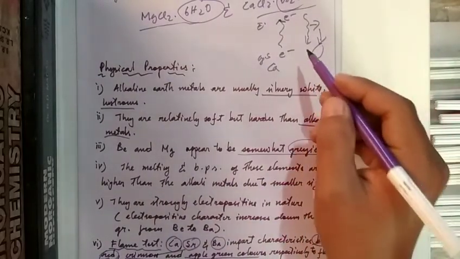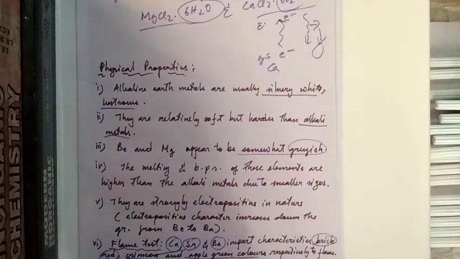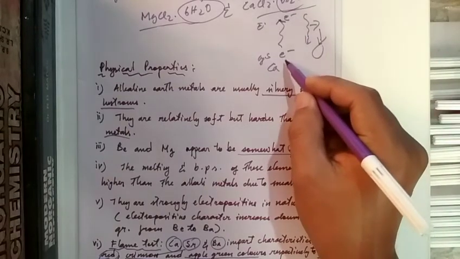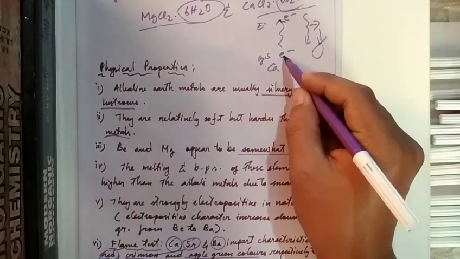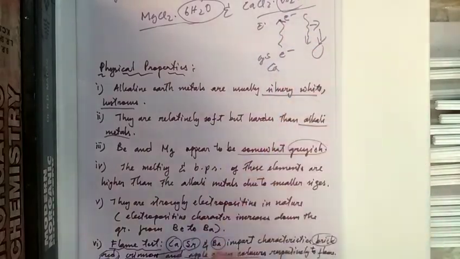That's why they show a flame test. But for beryllium and magnesium, the electrons are tightly held, and even under the influence of the flame they do not get excited. That's why they do not show a flame test.